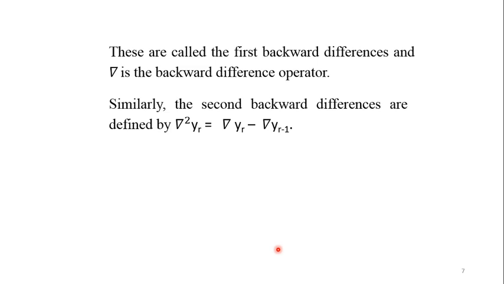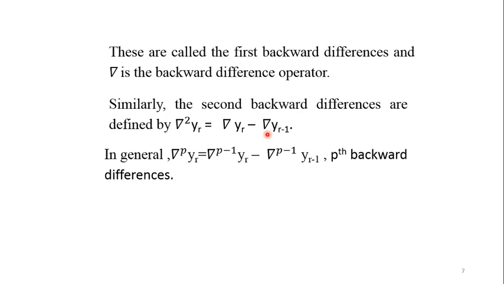Similarly, the second backward difference is calculated by continuing the same process, lambda of yr minus lambda of y of r minus 1. In general, lambda p of yr equal to lambda p minus 1 of yr minus lambda p minus 1 of y of r minus 1 is called the pth backward difference.